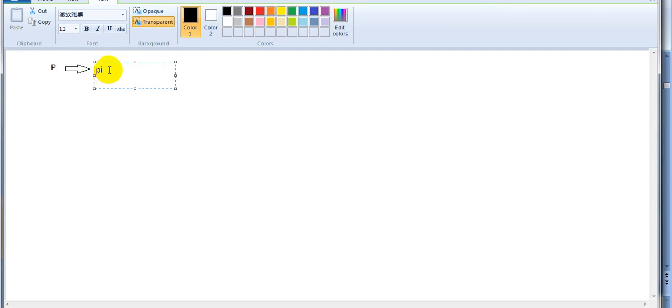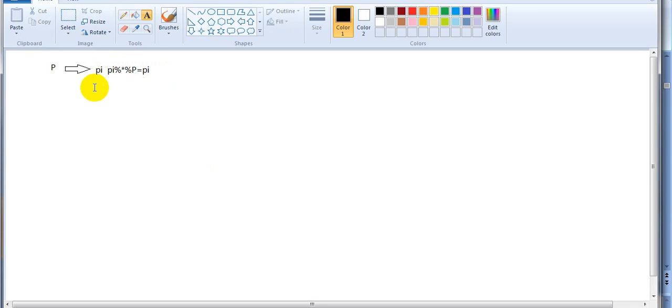So we're trying to find a pi such that pi times P equals pi. This is matrix multiplication, which is easy, because once you know this P, you can simply write down the equation and solve for pi.